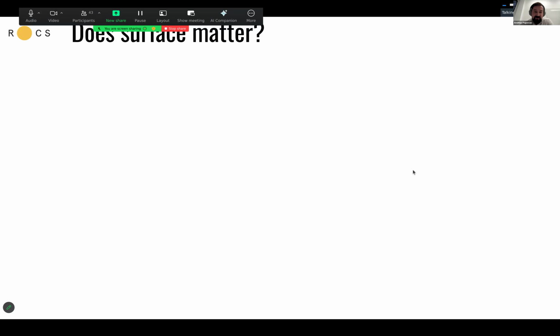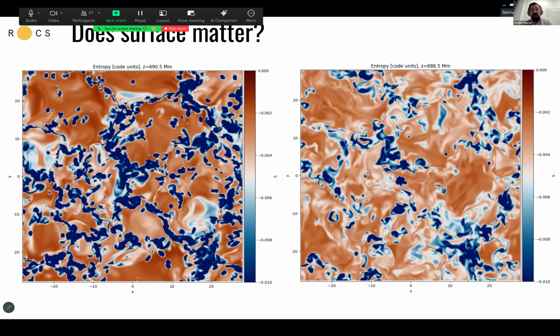But if we go even deeper, here I saturate to show how these rain droplets penetrate and keep penetrating the convection zone. Here it's at 690 megameters and then at 686 megameters, and they still keep going. They coagulate and make larger structures.